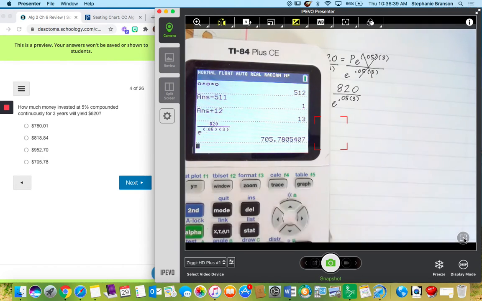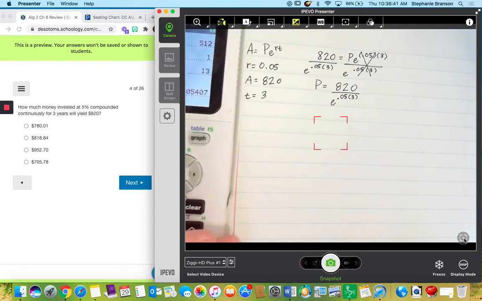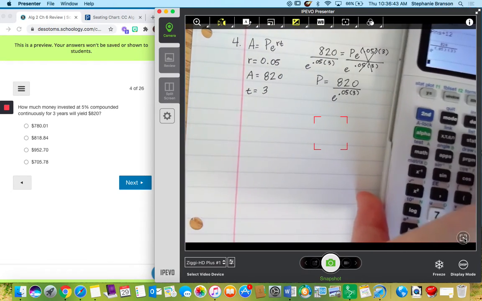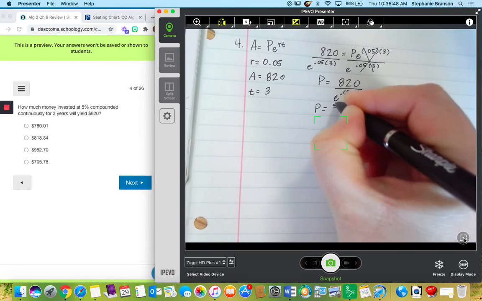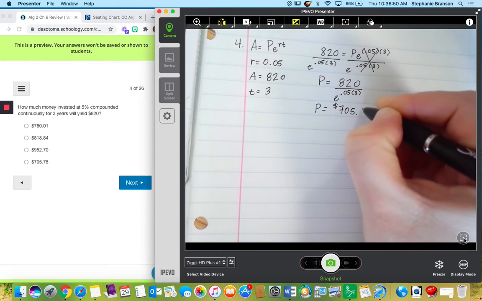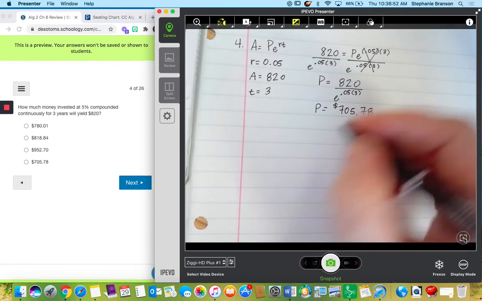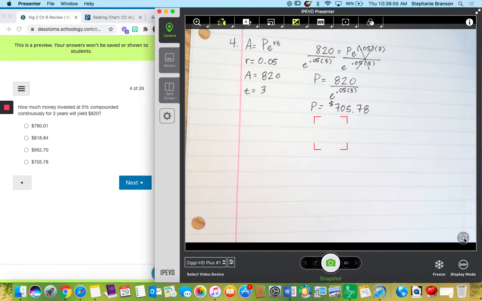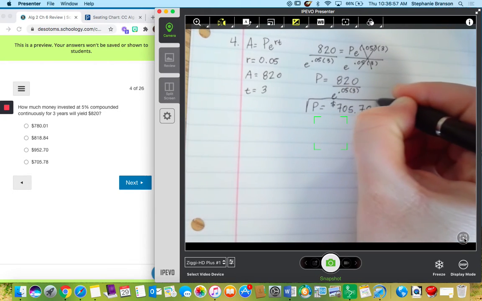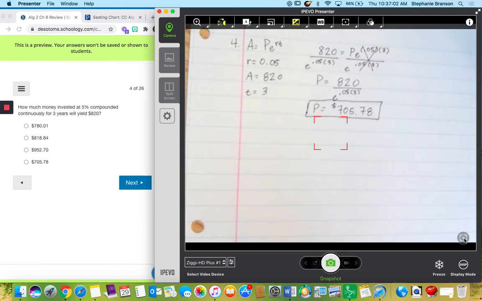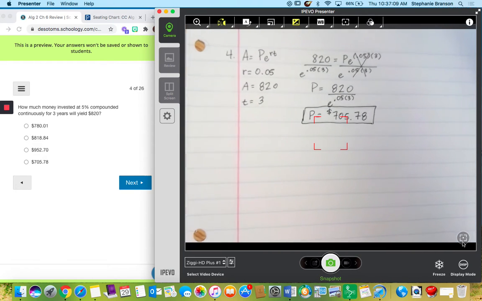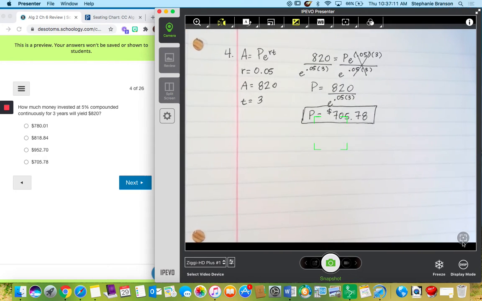So the initial balance that I invested, or that whoever invested, was about $705.78. Any questions about that?